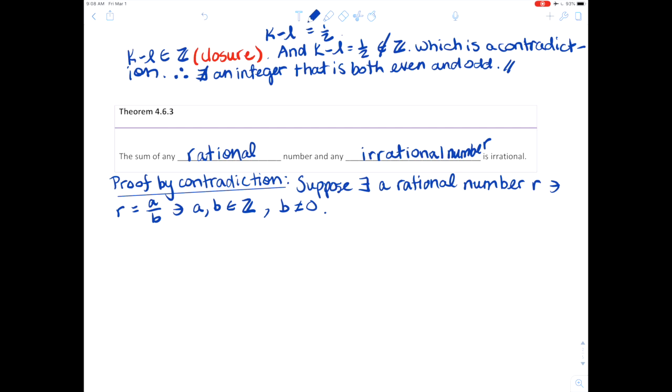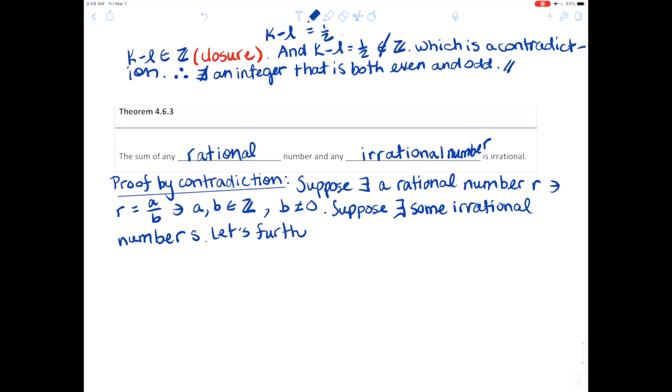And let's also suppose there exists some irrational number S, and let's further suppose their sum is capital S equal to, what do you want it to equal to?